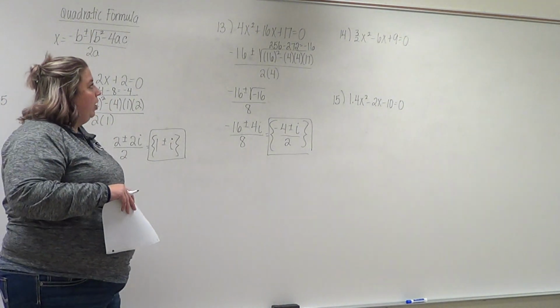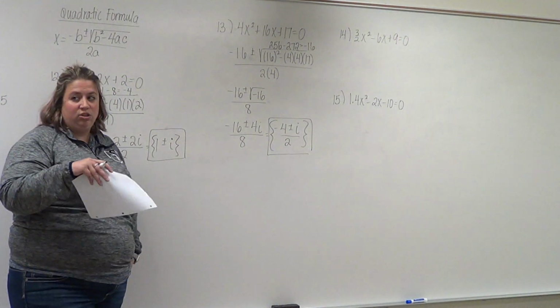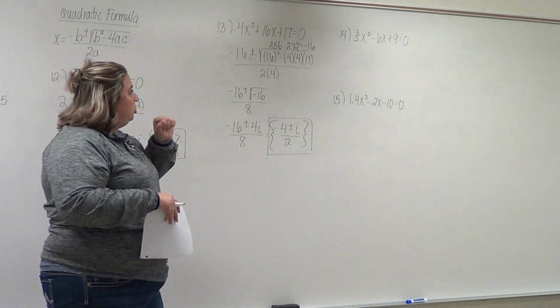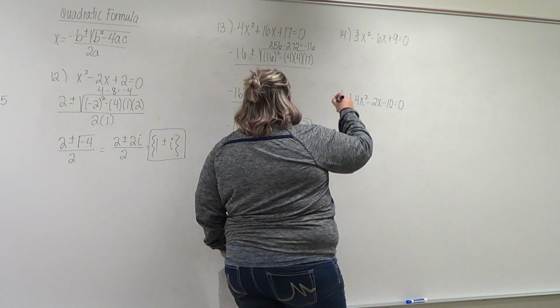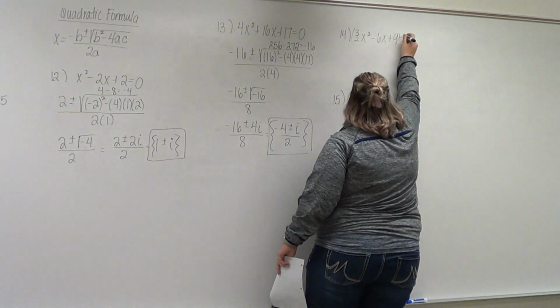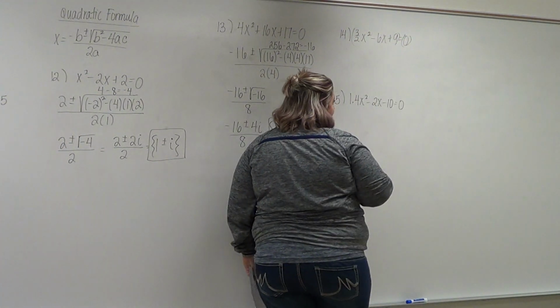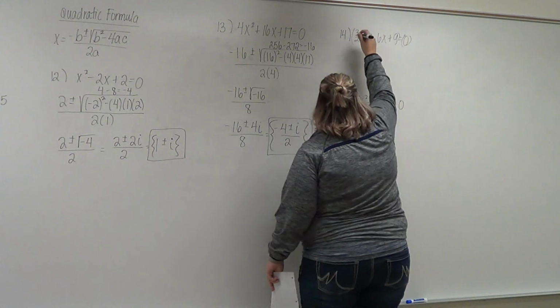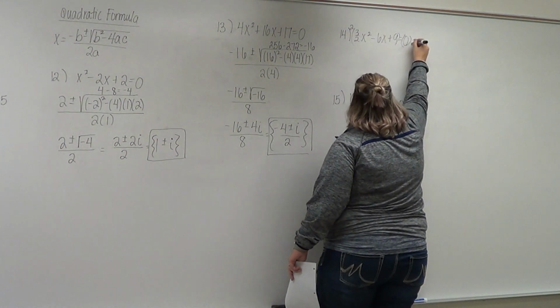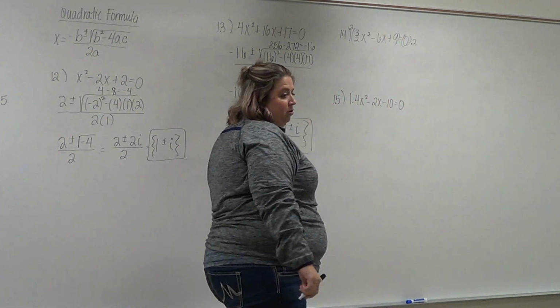Okay, so what you're going to do is you're going to multiply. We can multiply because there's an equal sign. So if you're looking at fractions, you're going to multiply both sides by whatever the denominator is. So the denominator is 2. You're going to multiply both sides by 2.